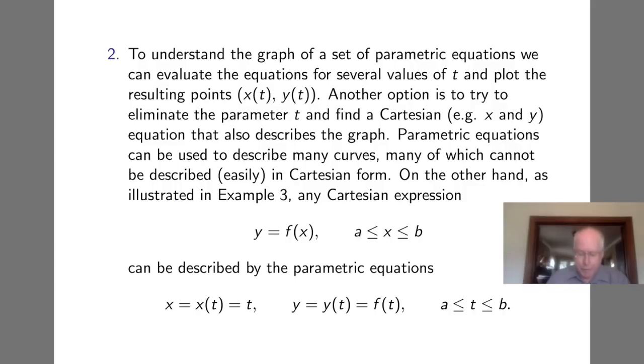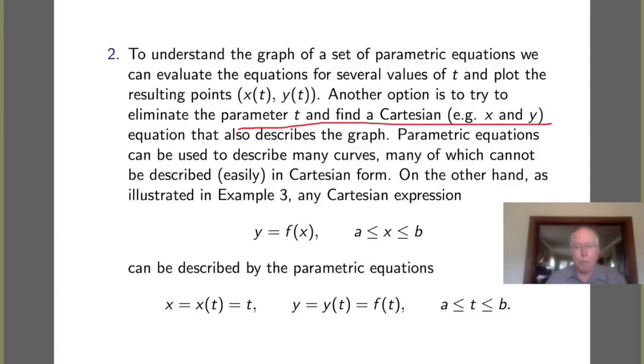But another nice option is to sometimes eliminate the parameter t, as we did in our first two examples, and then find a Cartesian expression for x and y that describes the graph. Since we're often more comfortable with Cartesian equations, this is often a good way to get more insight into what the graph of a parametric equation might look like.